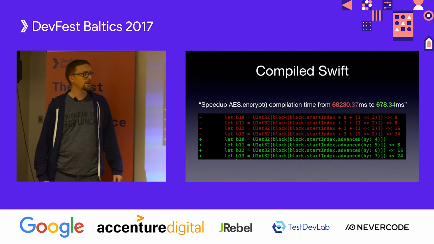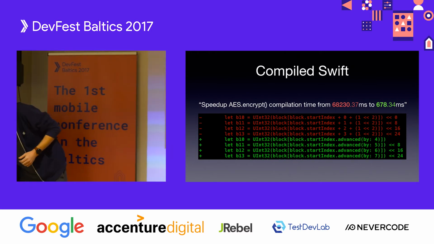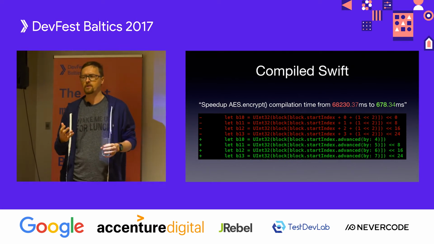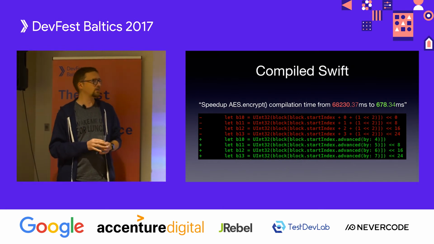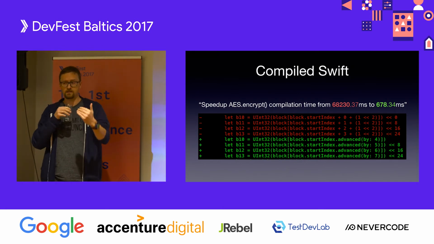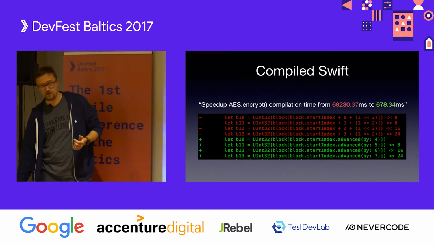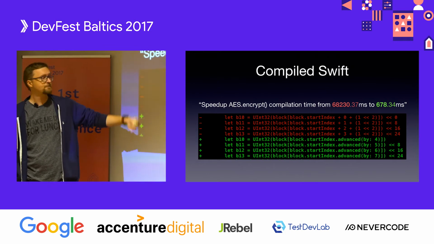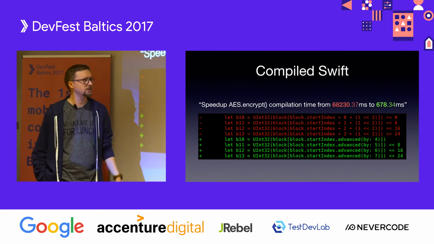Another example, just recently, in the CryptoSwift project, I noticed that something happened, and it built way too long. So I started debugging and found that one function compiled for 60 seconds. What the hell, right? 60 seconds, just one function.